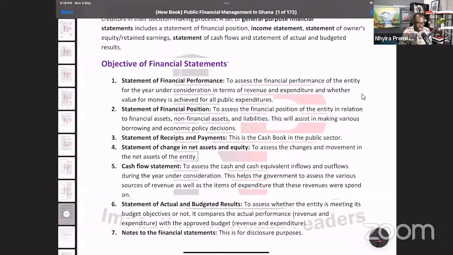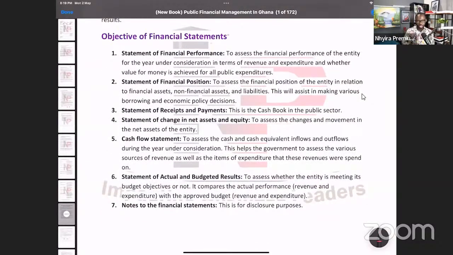According to IPSAS 1 and the conceptual framework for general purpose financial statements, the government must prepare the following sets of accounts. 1, the statement of financial performance. Sometimes this is also referred to as the statement of revenue and expenditure.